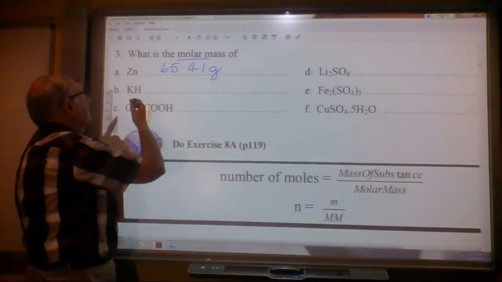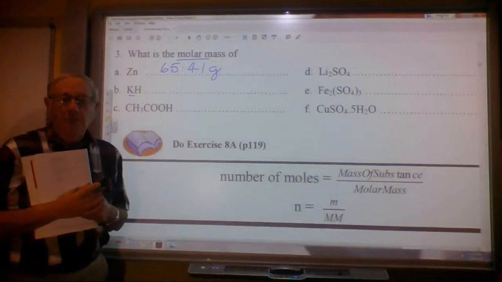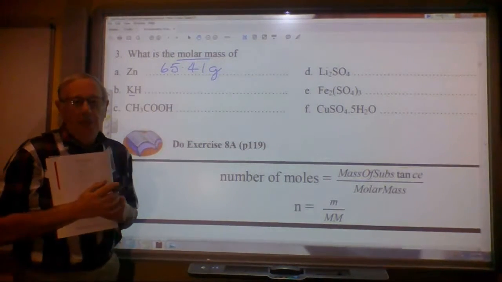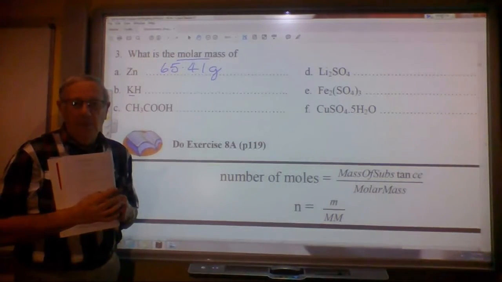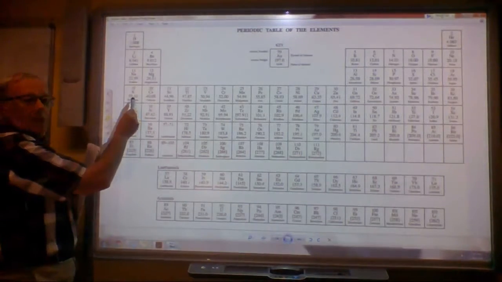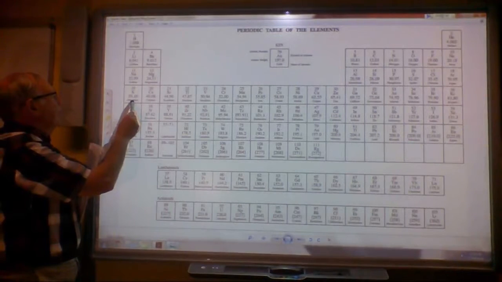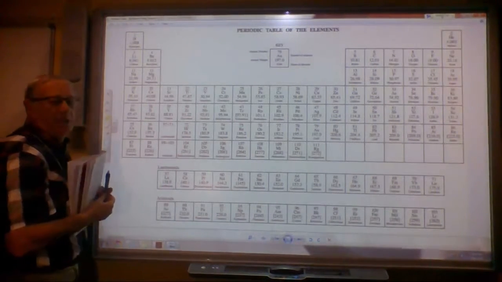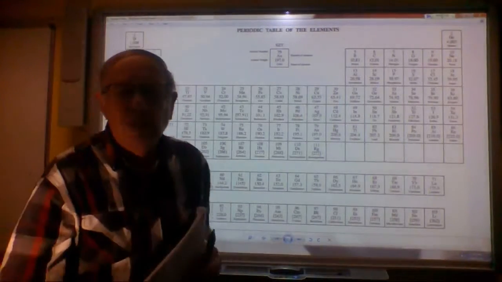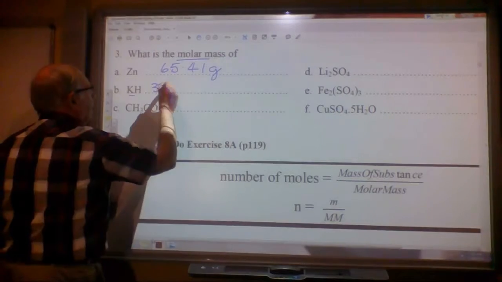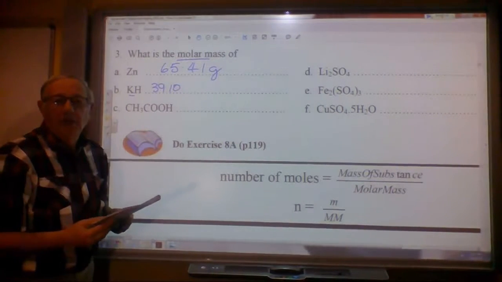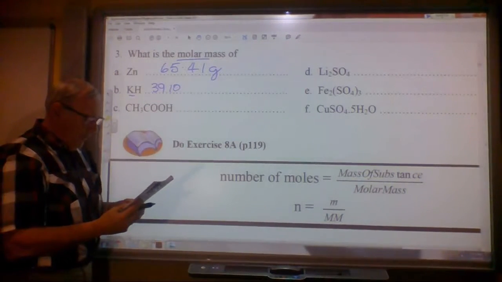This next one, K, that's potassium, and H, of course, is hydrogen. Now potassium, let's see where that is on the periodic table. Here you can see potassium now on the periodic table, and you notice that is 39.10. So that then is the molar mass. So that is the mass for the potassium.